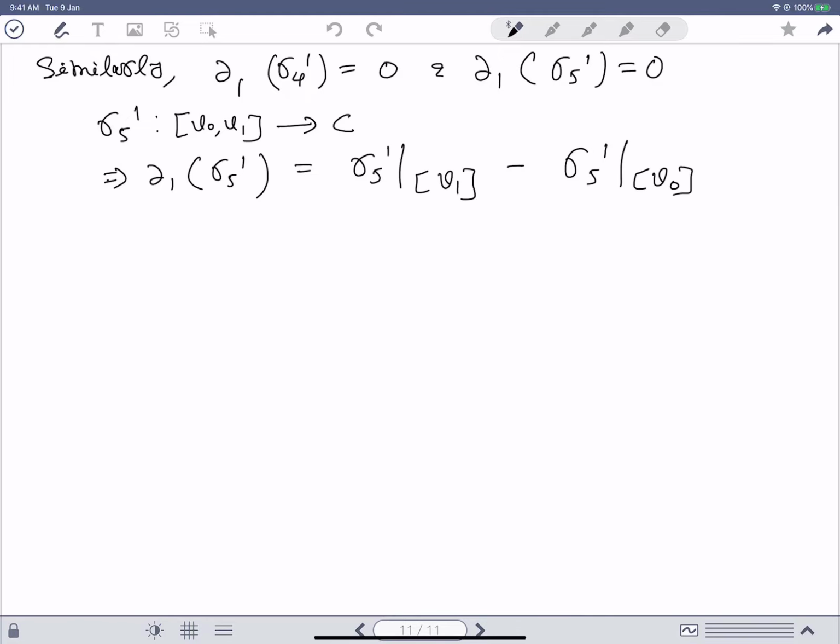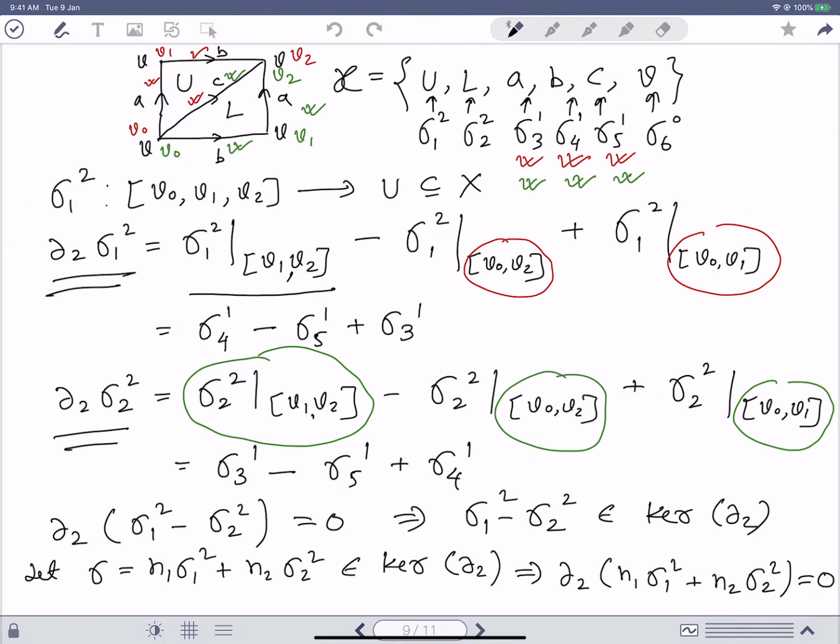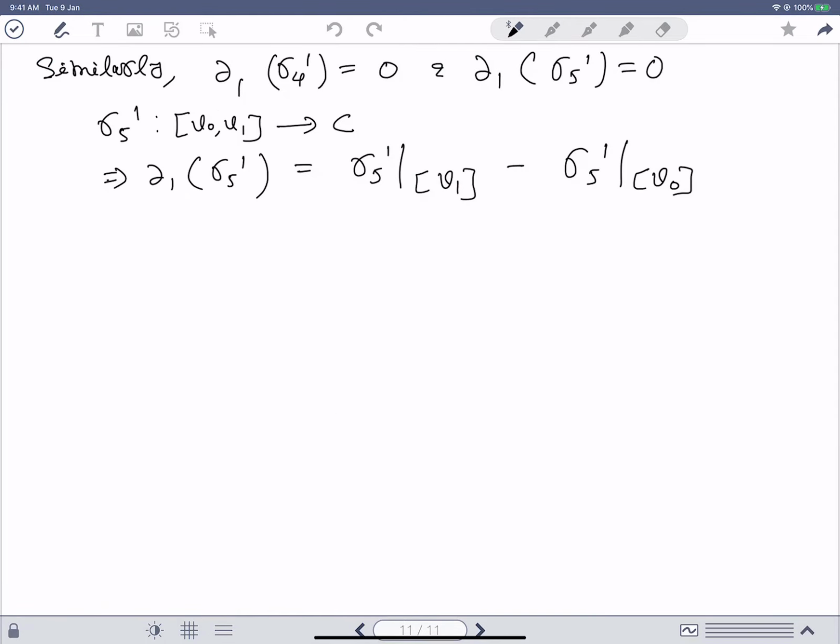But we have only one map from the 0-simplex to the vertex v, right? This is just sigma 6 0, so we can write sigma 6 0 minus sigma 6 0, so this is 0.